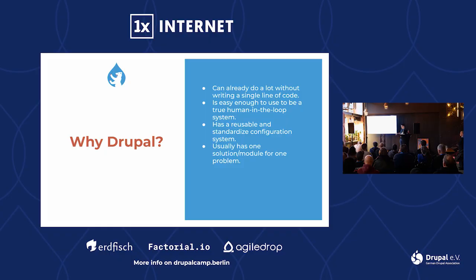And Drupal also usually has one module per problem it's trying to solve, not thousands like other CMSs. We already built the standardized AI base layer, and the good thing is it can scale with the customer. So Wix will probably have something similar in the future, but that's not scalable for enterprise and so on. It's mature. And it's open source.